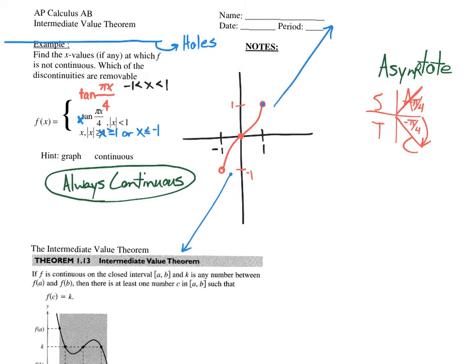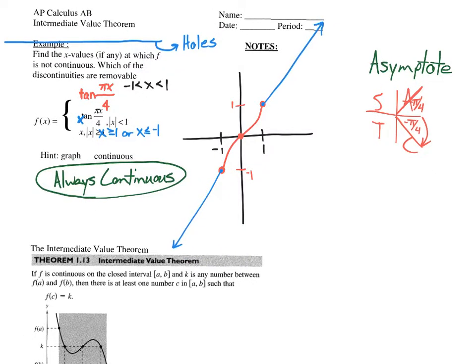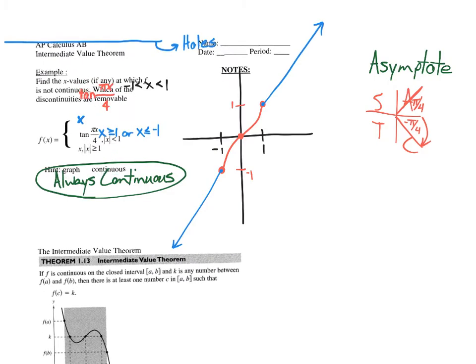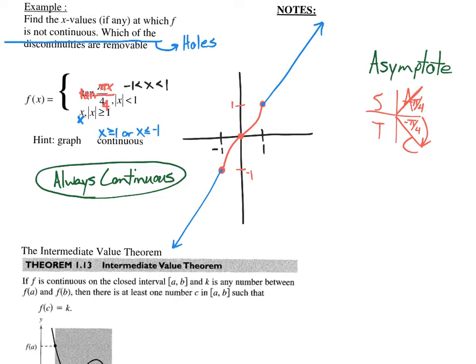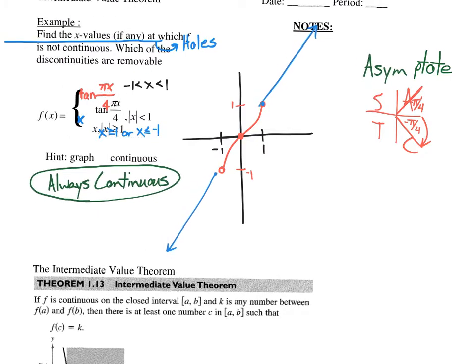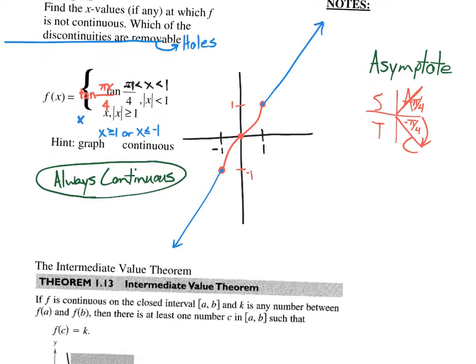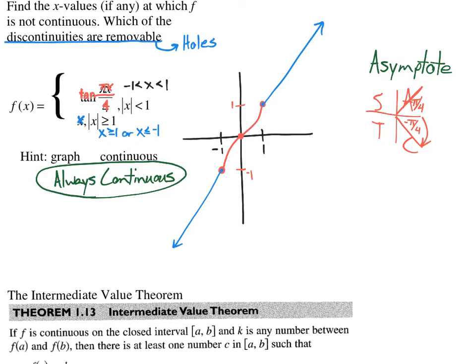Mr. Nixon? Yes? Just wondering, wouldn't this theorem not work if there was a hole at C2, for example, on the first example? Because technically there would be a C value, but there'd also be a hole.